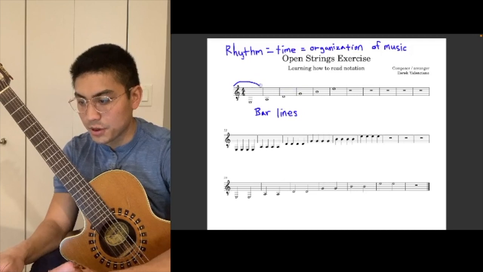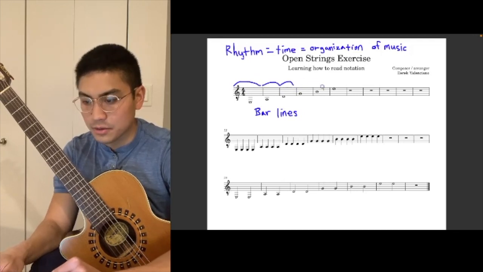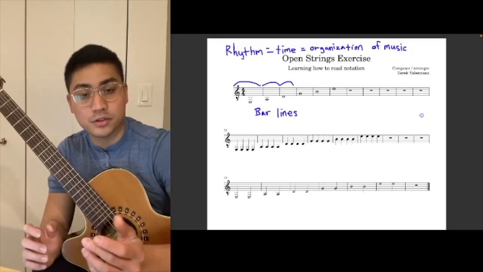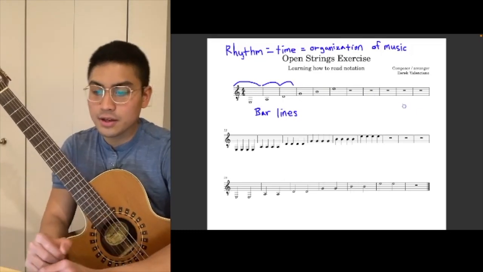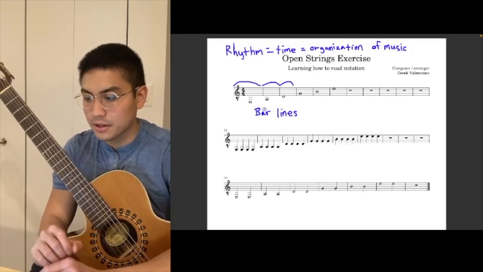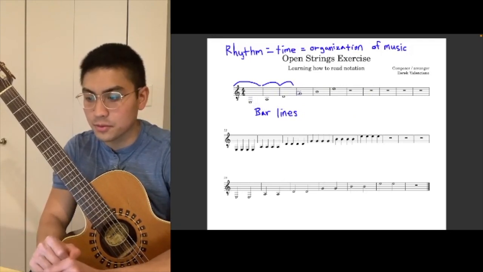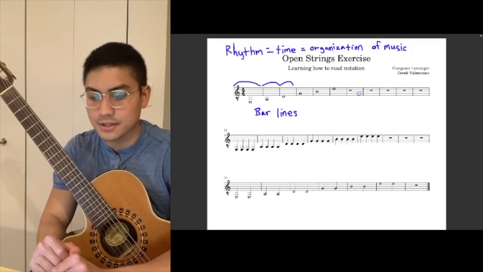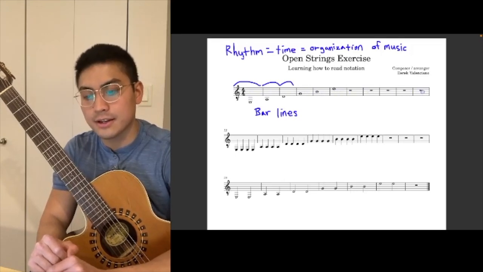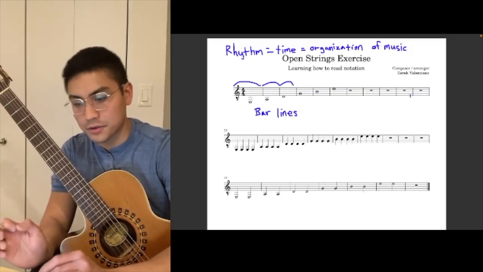So we have a bar here, a bar here, a bar here, etc. How many bars do you see? Count the bars, and let's see if it lines up with how much I count here. I'm counting 1, 2, 3, 4, 5, 6, 7, 8, 9, 10, 11 bars in this first staff.